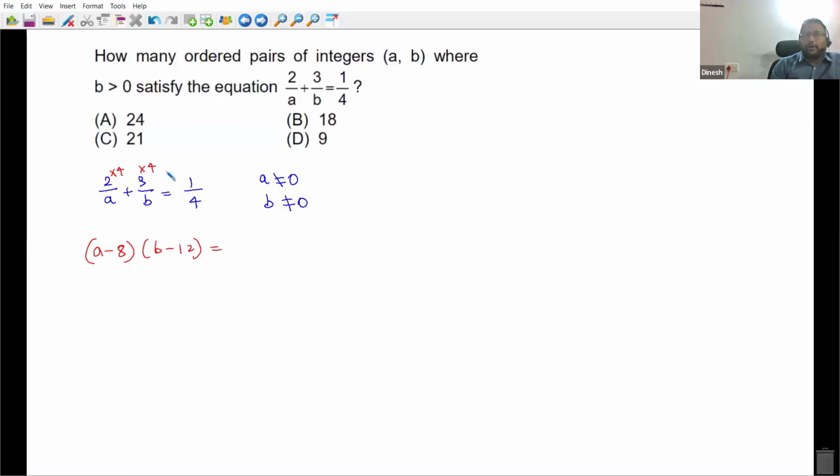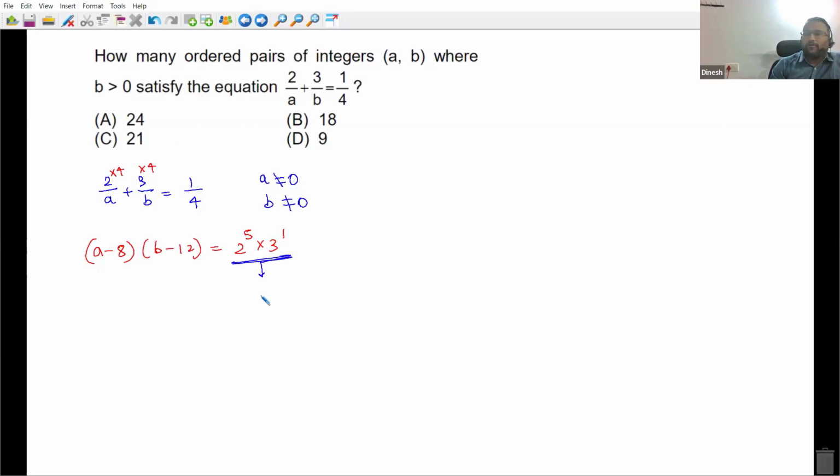So this is going to be how much? 2 to the power 5 into 3 to the power 1. Option D, 24. Let's check everyone. Over here, 2 to the power 5 into 3 to the power 1.